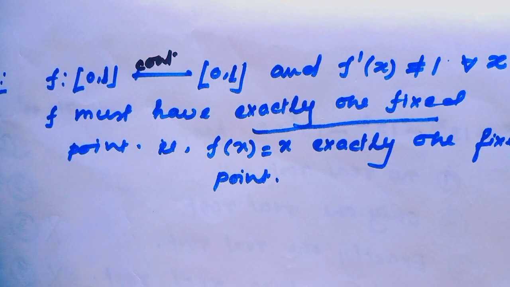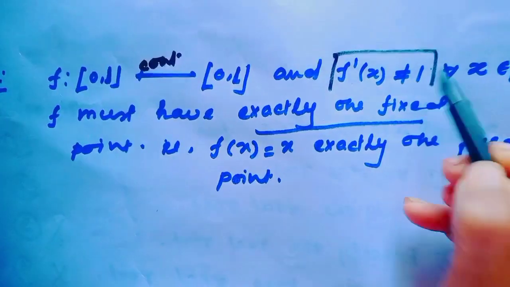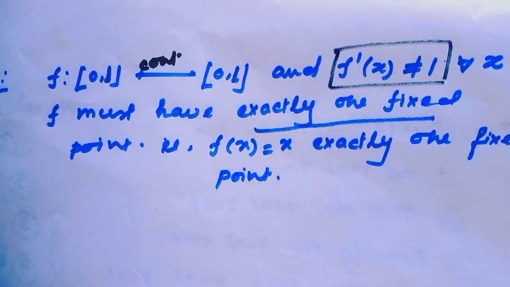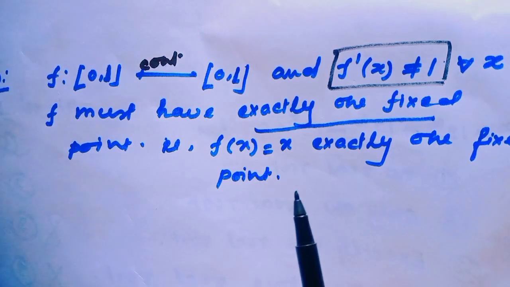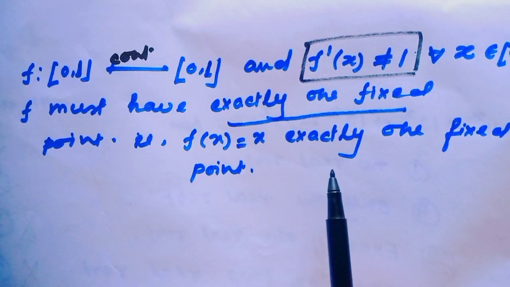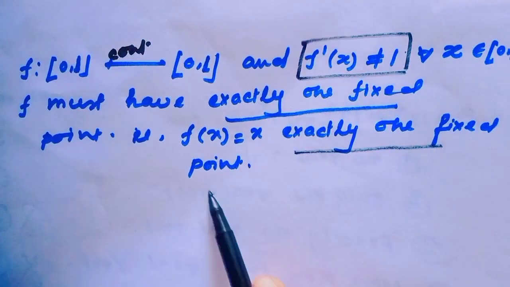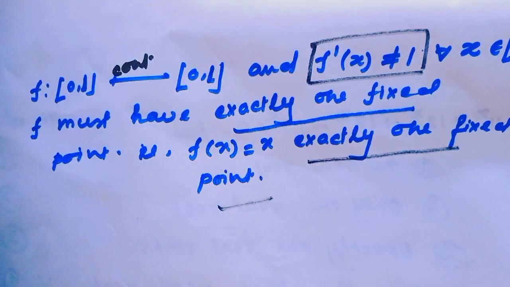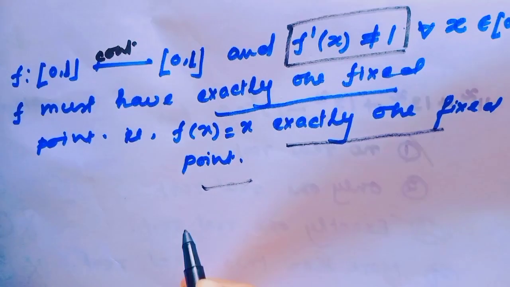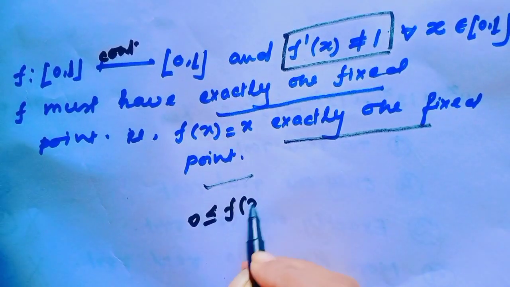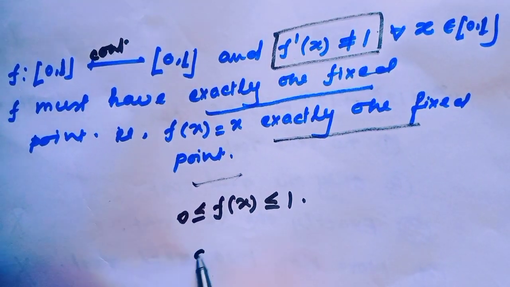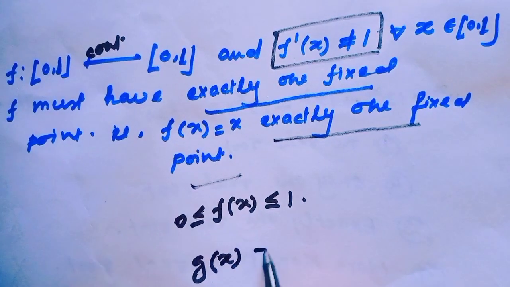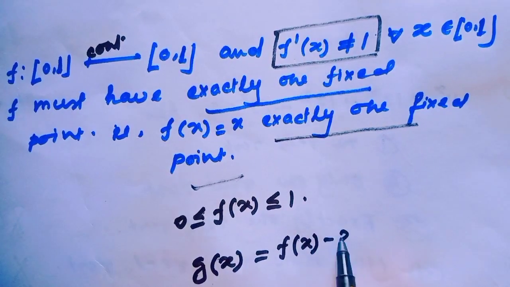Here notice, the condition f prime x not equal to 1 implies that f must have exactly one fixed point. That means f of x equal to x has exactly one fixed point. Okay? First consider the function f of x greater than or equal to 0 and less than or equal to 1, and consider the new function g of x equal to f of x minus x.